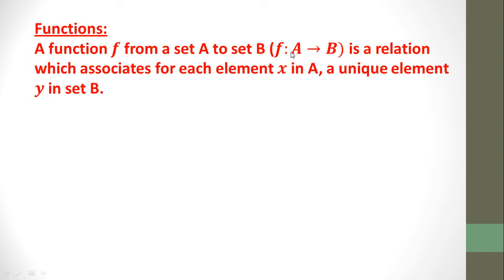Relation indicates that the element of set A is related with the element of set B. That relation is called a function if each element of A must be related with a unique element of set B.